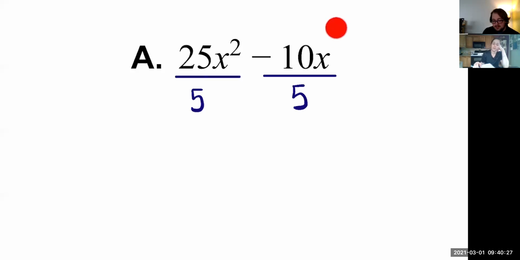I see Miranda said that there are a total of 3 x's, but we're trying to think about what they have in common. So imagine for just a moment if our first term was Johnny and our second term was Sally, and instead of x's, they have apples. Johnny has 2 apples, Sally has 1 apple. If I wanted to take the same amount of apples, everybody has to give me an apple, because Sally can't give me more than 1 apple because 1 is all she has.